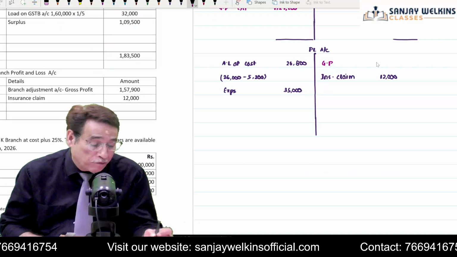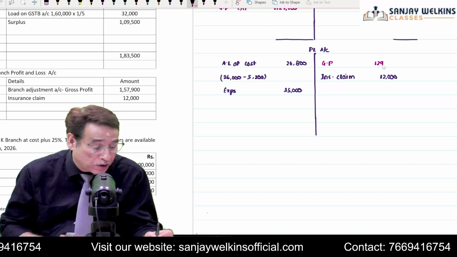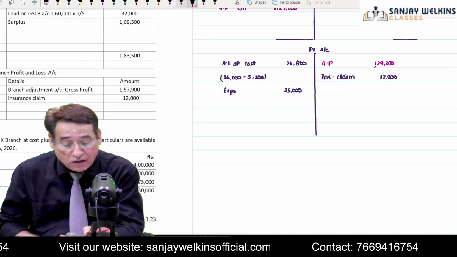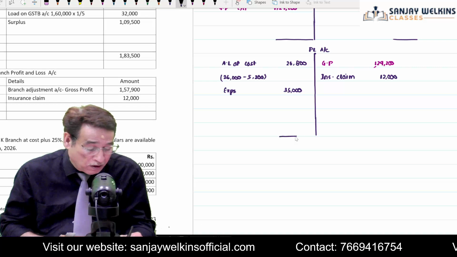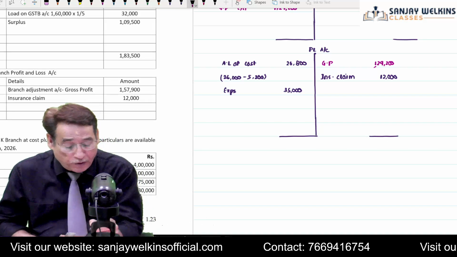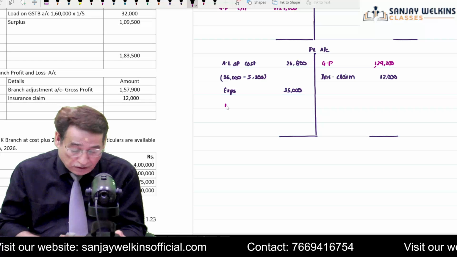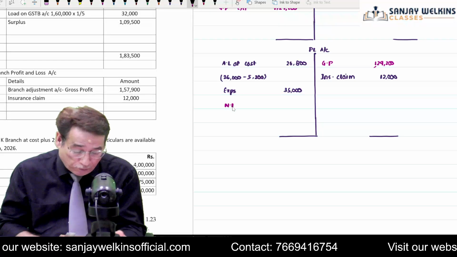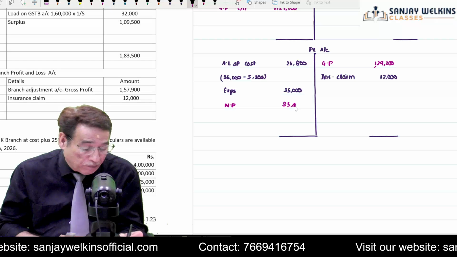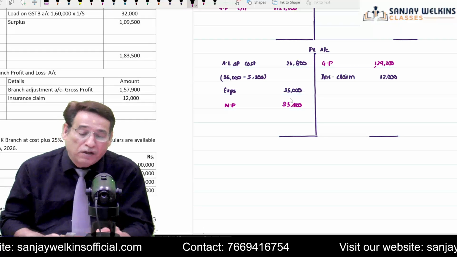So gross profit 1,29,200. Obviously now the last thing which remains to be done is to find out net profit. As far as net profit is concerned, in this particular question, net profit will be your 85,400. Is it clear to you?